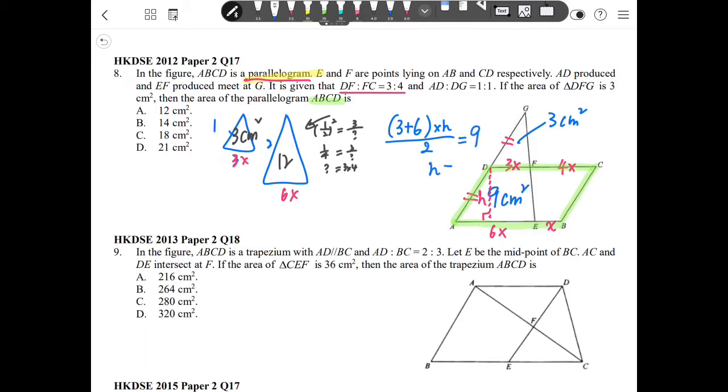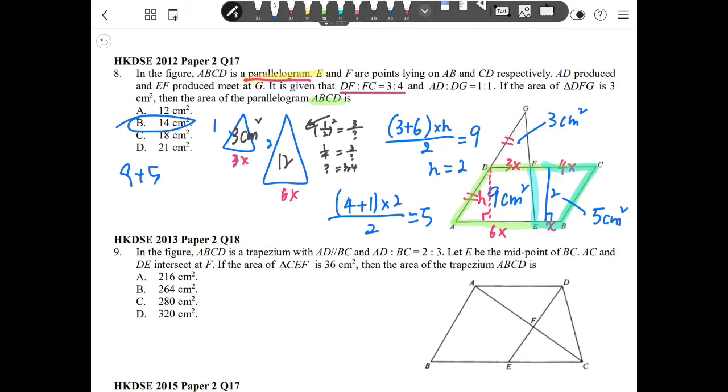And then h I can find would be 2. If it is 2, then I can also find out this height would be 2. Then I'm trying to find out this area as well. So it means 4 plus 1, times 2 divided by 2, which means 5. So this area will be 5 cm square. So in total will be 9 plus 5, which means the answer will be C.